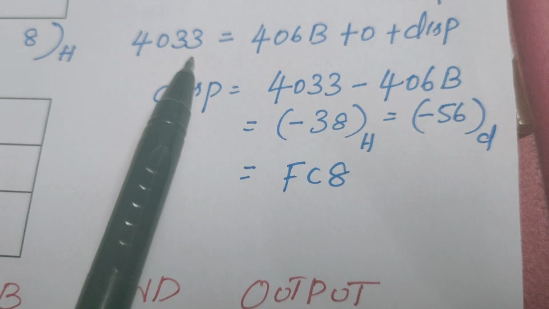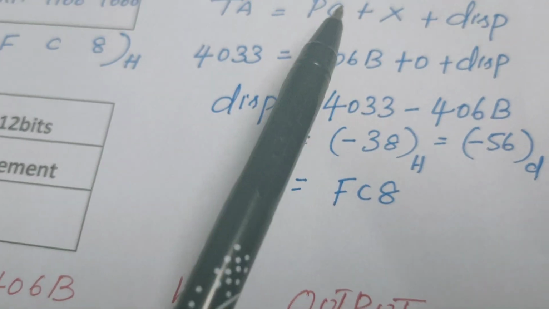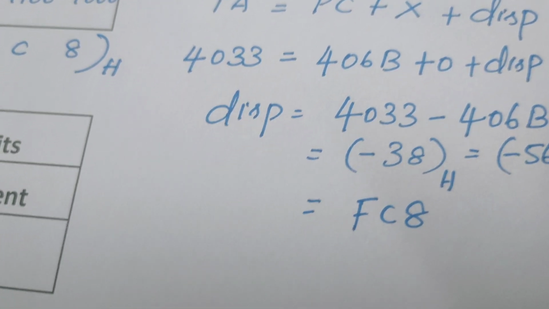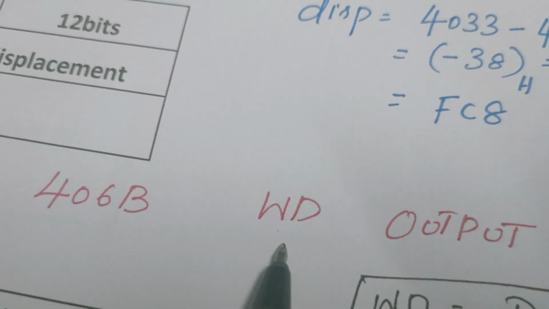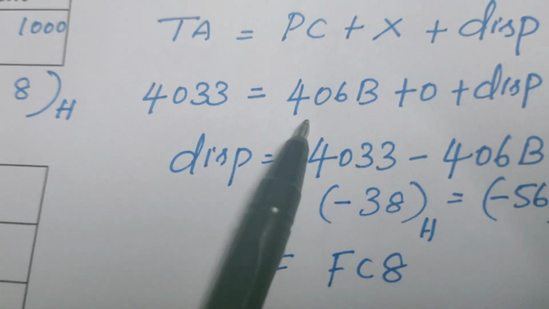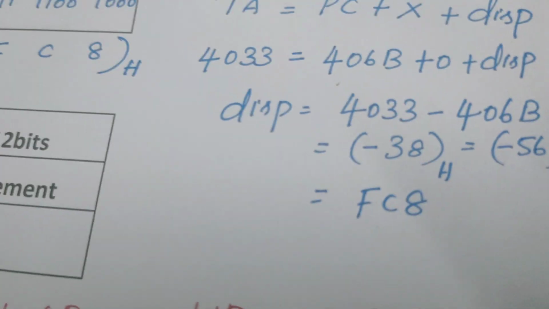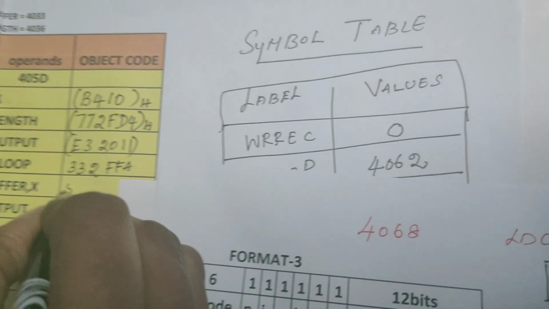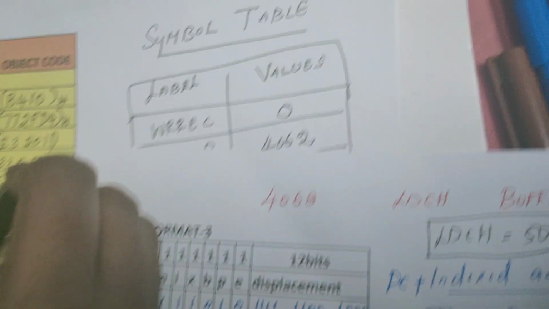So 4033 must be the address of what? Buffer. So I have written here PC is the address of the next instruction to be executed. The next instruction to be executed is this 406B, WD output. So that value only is considered as PC value. So I have calculated the displacement and this is the object code I am getting: 53AFC8.